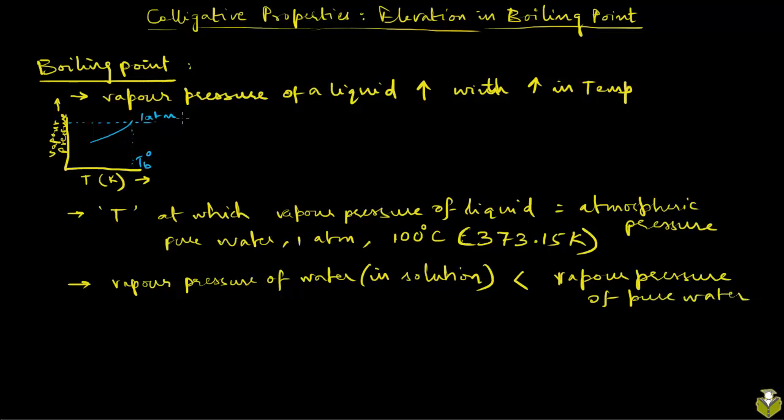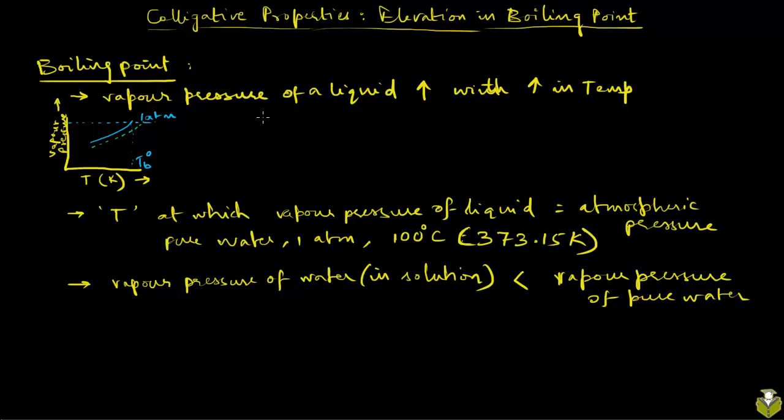So if you were to mark the vapor pressure of the solution, or water in solution, on this graph, then it will look something like this, in this dotted line. It will actually closely follow the other curve, but it will be lower. At every given temperature, you have a lower vapor pressure.